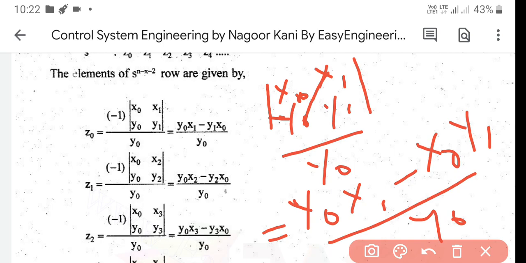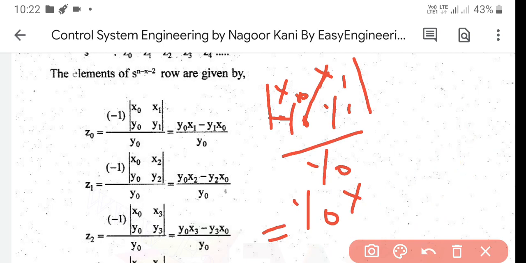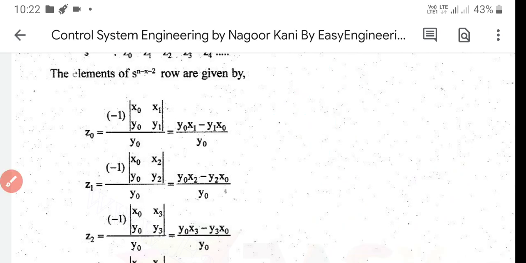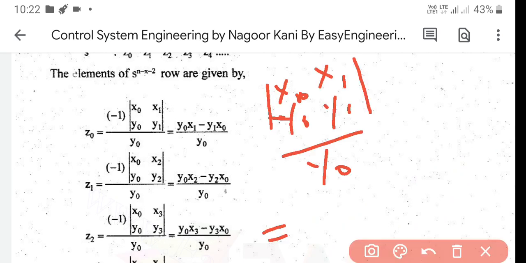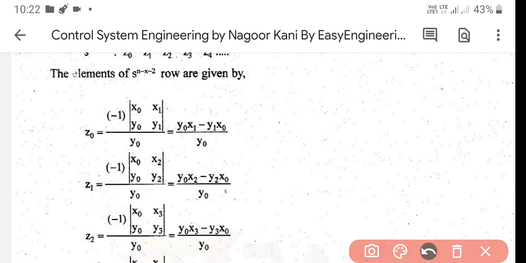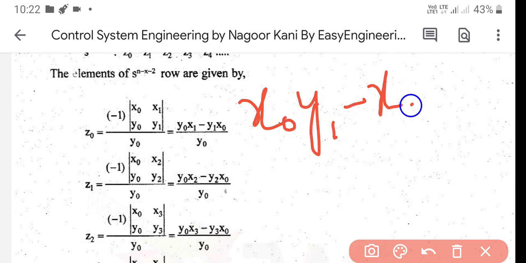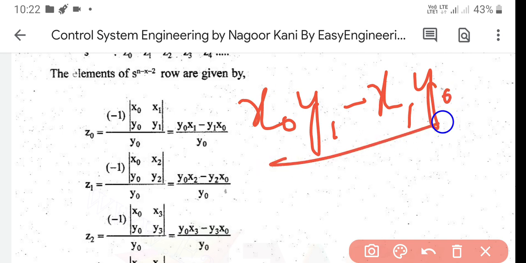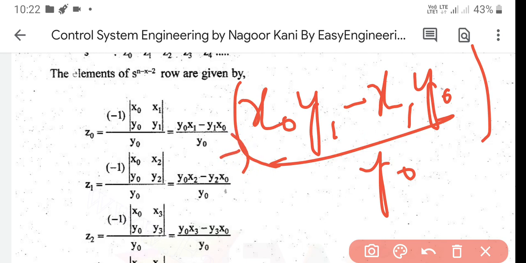That is the z0 value. Now see here, how are you calculating the determinant? x0 into y1 minus x1 into y0, divided by y0. Then if you take the minus of the value, you will get this value.